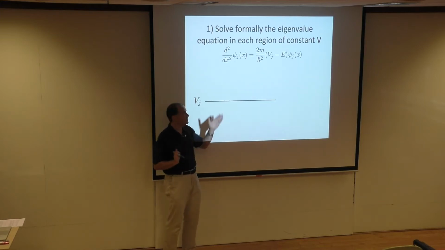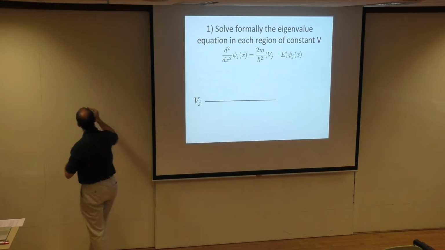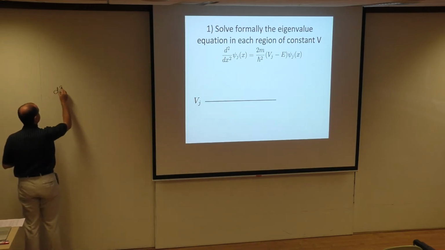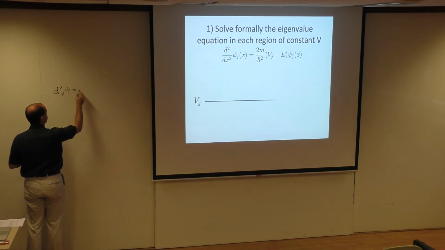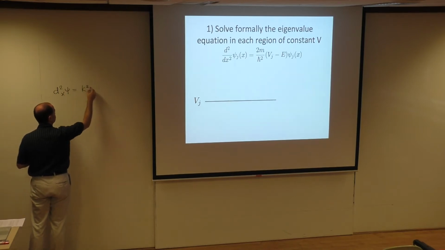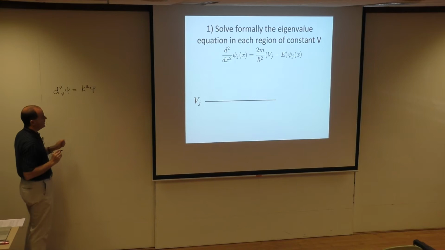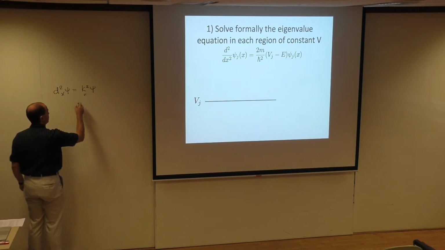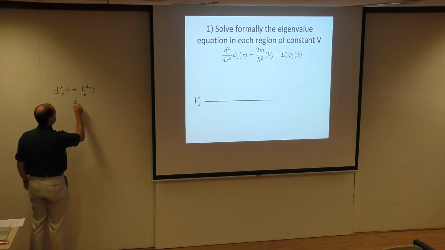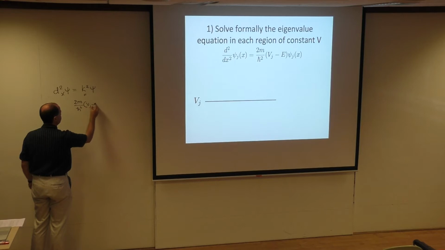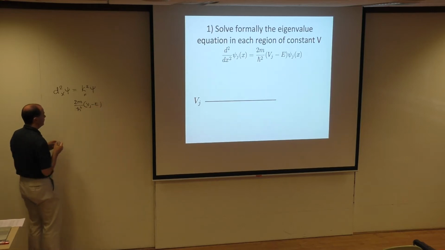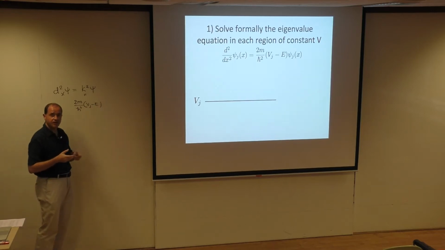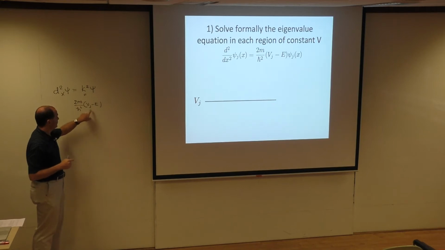So this equation has the form d squared x of psi is equal to k squared times psi, and this k squared will be 2m over h bar squared times (Vj minus E). And now it depends on whether this number is positive or negative.